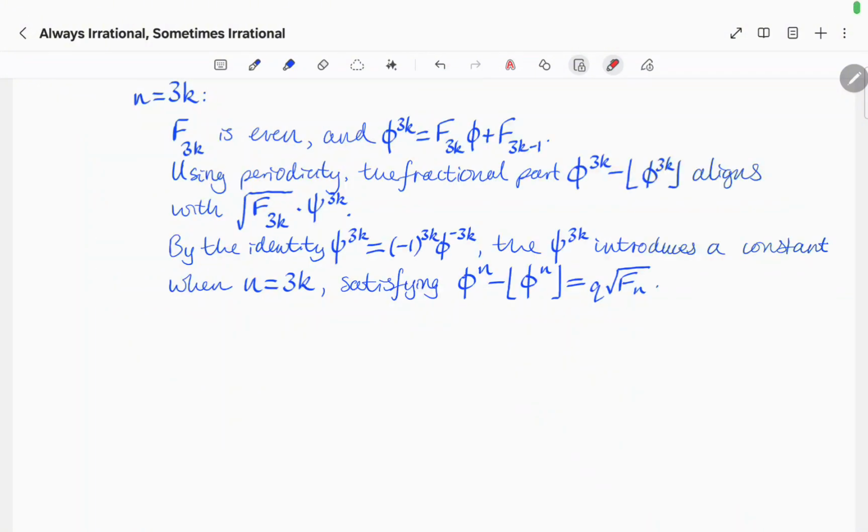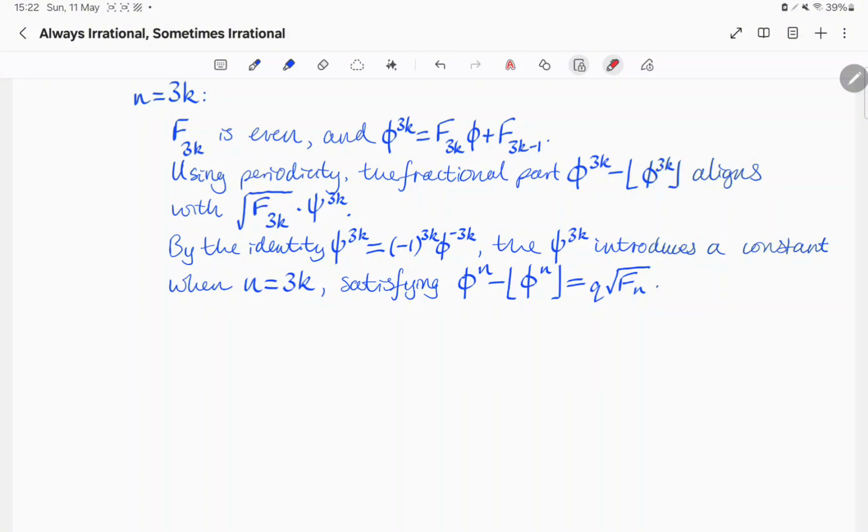Now we'll look at the case where n is equal to 3k. Firstly, we'll notice that F_(3k) is even for any k, and phi^(3k) is equal to F_(3k) phi plus F_(3k-1). Using periodicity, the fractional part phi^(3k) minus floor phi^(3k) aligns with the square root of F_(3k), all multiplied by psi^(3k).